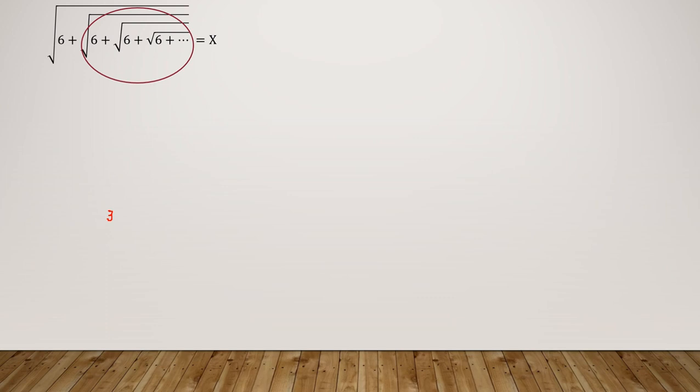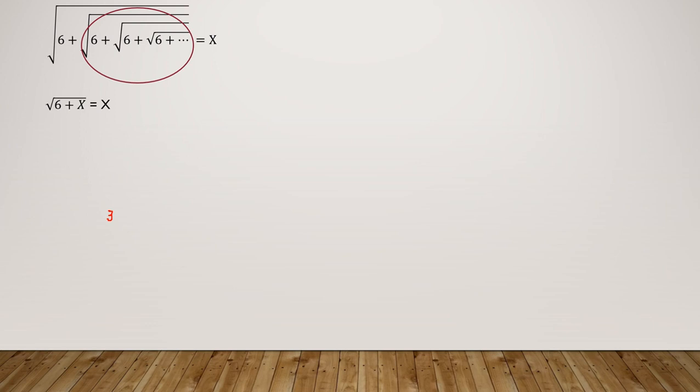If you check your slide, you would notice that this is also x. So instead of writing this, I can easily put in x. I can easily replace this with x, in this way. So I have it as the square root of 6 plus x. I've not altered anything. Still solving the same question, but I've made it much easier.